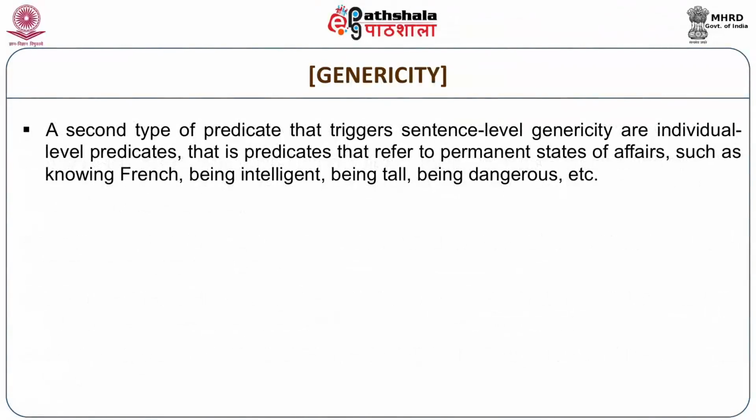A second type of predicate that triggers sentence level genericity are what are known as individual level predicates. These are predicates that refer to permanent states of affairs, such as knowing French, being intelligent, being tall, being dangerous.